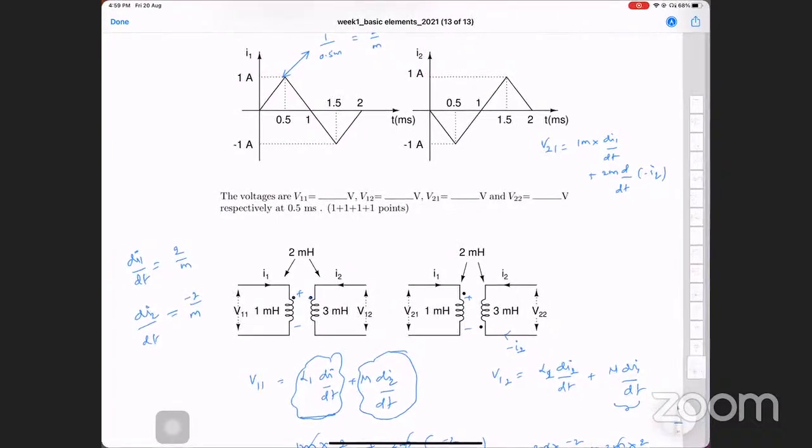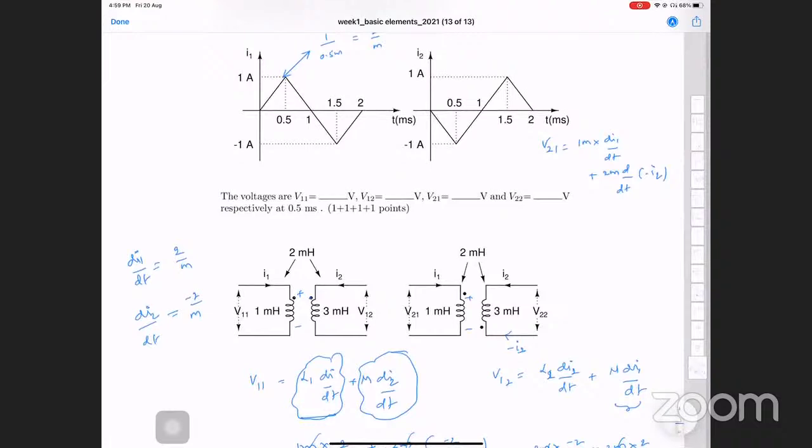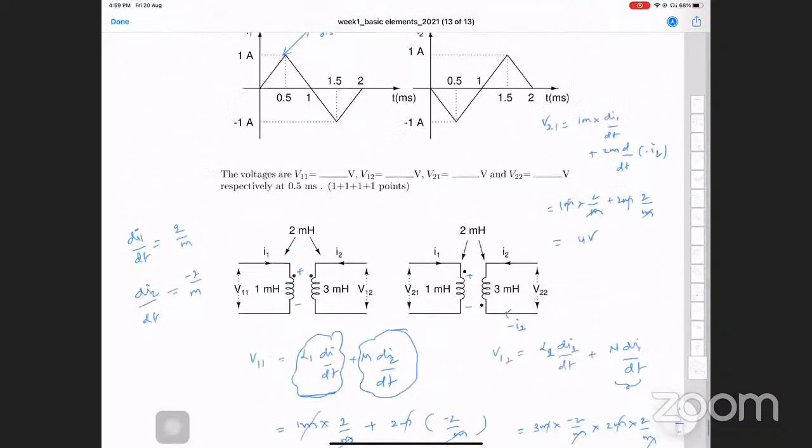So minus di2 by dt. So basically 1 milli times 2 by milli, plus 2 milli times di2 by dt with a negative sign, so that is plus 2 by milli. And then milli cancels. So total 4 volts. Okay, good.